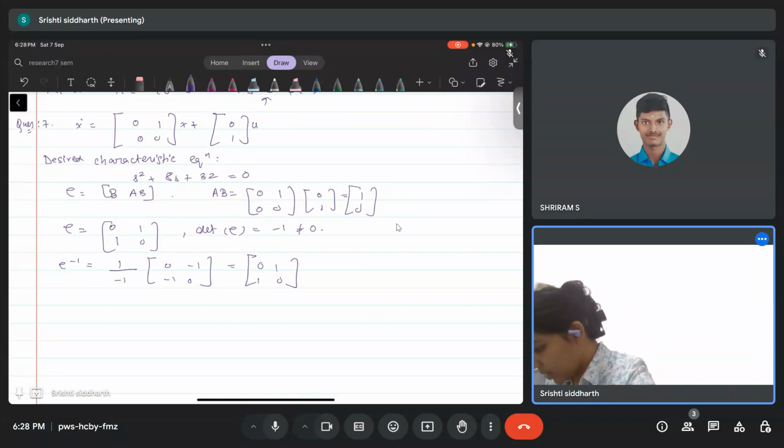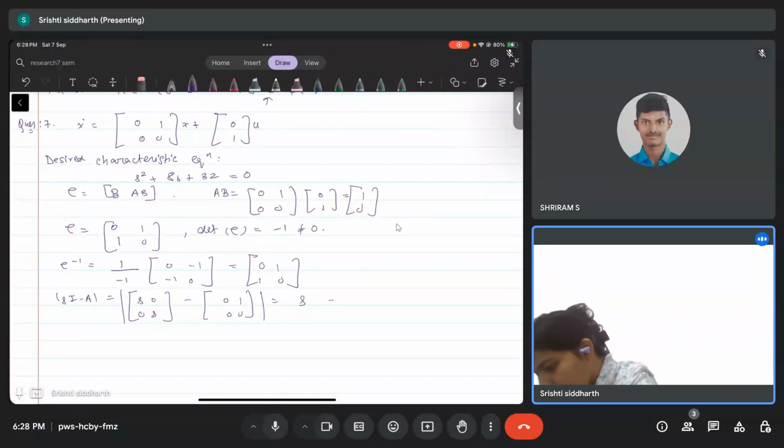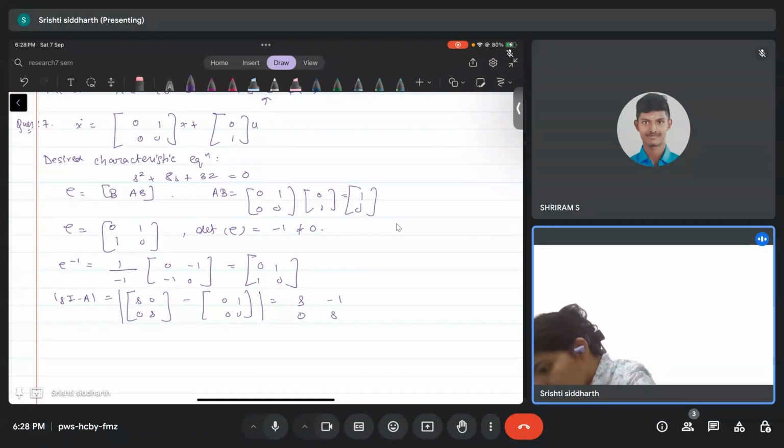So the characteristic polynomial is the determinant of sI minus A. We have s, then minus 1, 0 and s.